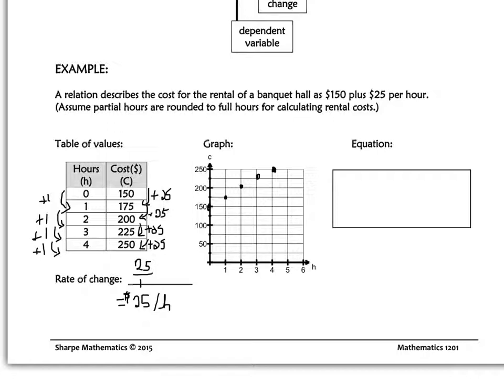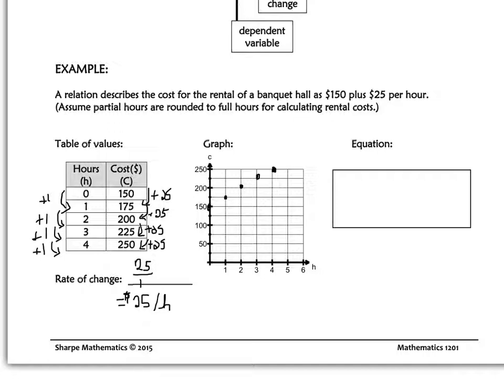If we look at the equation using the description above, because it represents a linear relation, as we can see from the table and from the graph, it should have the form that the dependent variable is equal to the rate of change times the independent variable plus the initial charge.